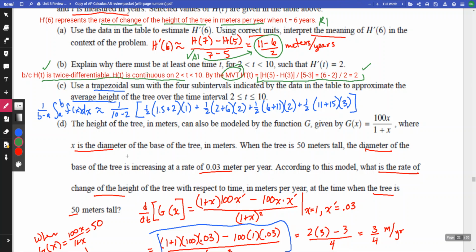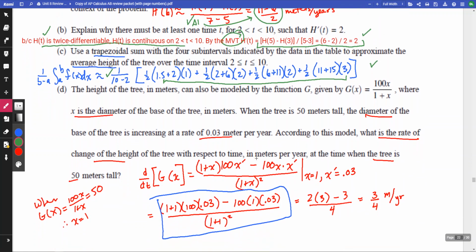Okay. For part C, I have to look at 1 over 10 minus 2 for the average value piece, and I have to do my trapezoid approximation. If I make that attempt at the trapezoidal approximation, I'll get a mark. If I remember to multiply all of that approximation by 1 over b minus a, I get the second mark.